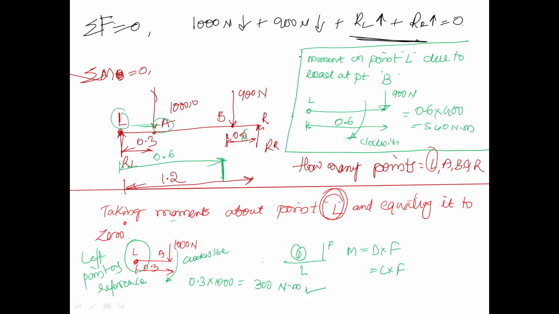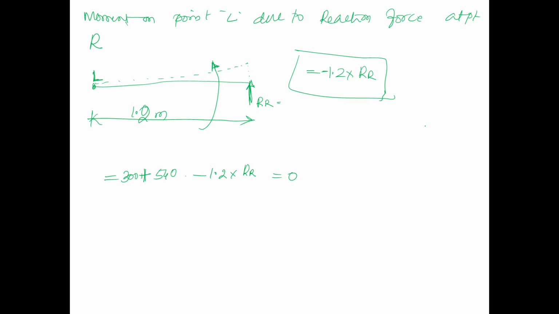This 300 is the moment due to load at point A, and 540 is the moment due to load at point B. Now what is the condition? Condition is summation of the moment should be equal to 0. Then only member is under an equilibrium condition.